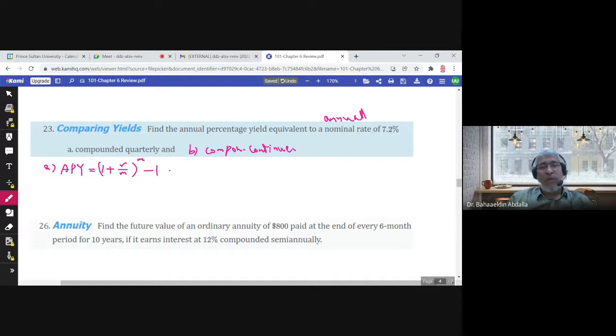So it is 1 plus 0.072 over m, quarterly, so that's 4, to the power m, that's 4, minus 1. And if you use the calculator and evaluate, you will find 0.07397. This means that the annual percentage yield is 7.4%.